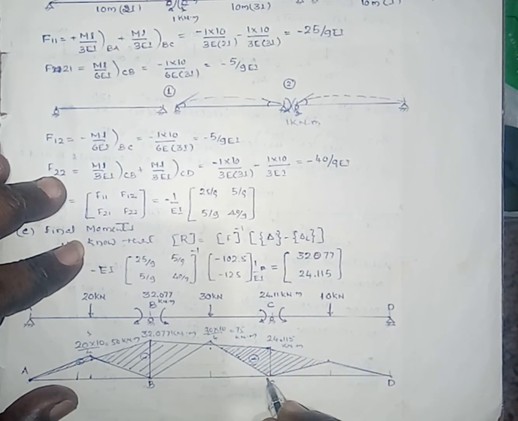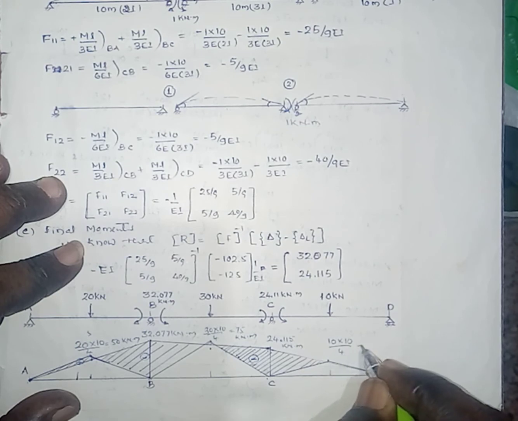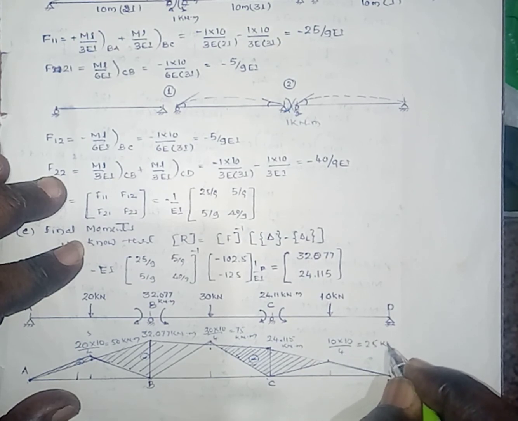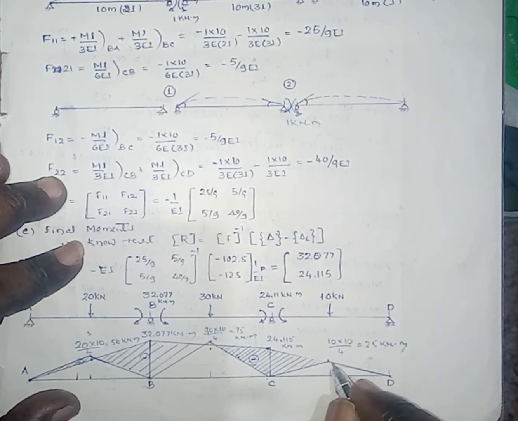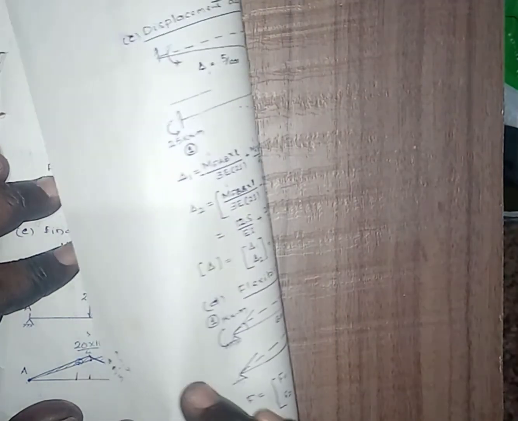At the support the bending moment is 0. Here below the point load, that is 10 into 10 divided by 4, this one is 25 kilonewton meter. This is the shaded portion, which gives us the net bending moment diagram. Here this is the bending moment diagram. We'll continue in the next video.